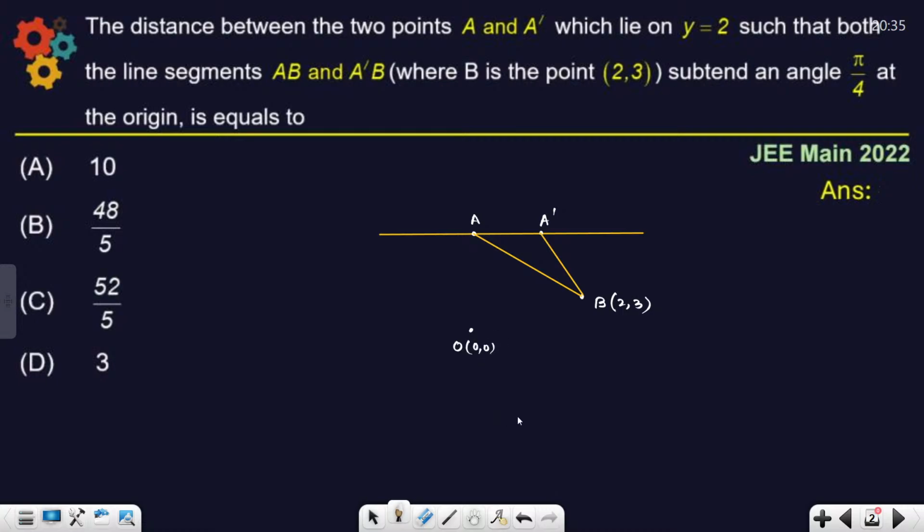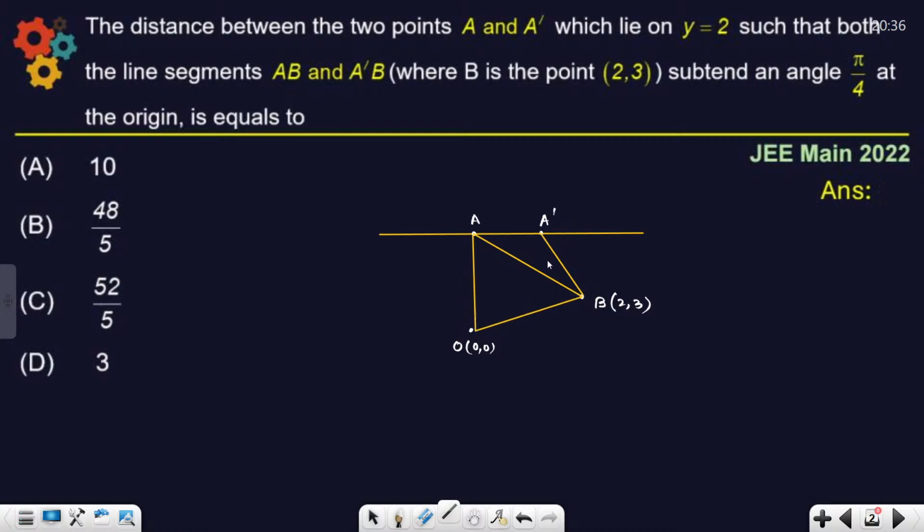So what is happening actually? These two sides are subtending an angle pi by 4 at the origin. That is, this angle is pi by 4.